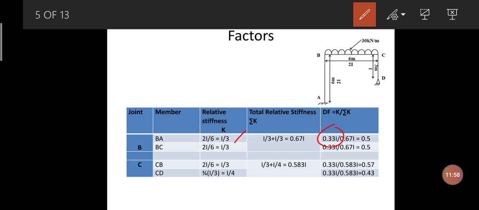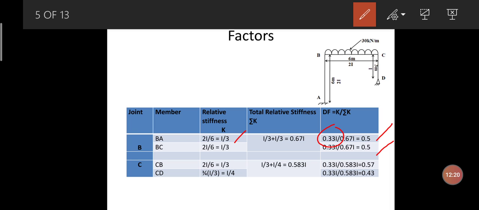If I divide that, I'll get the distribution factor for BA member with B as joint as 0.5. Similarly, if I solve for the distribution factor for member BC with B as the origin, I will get again the distribution factor as 0.5 itself.